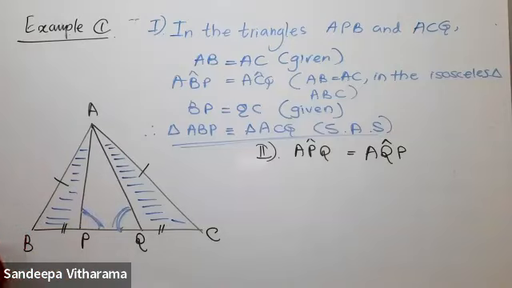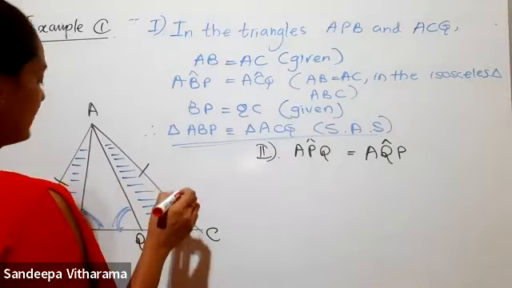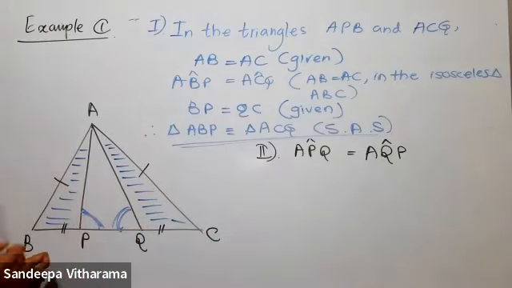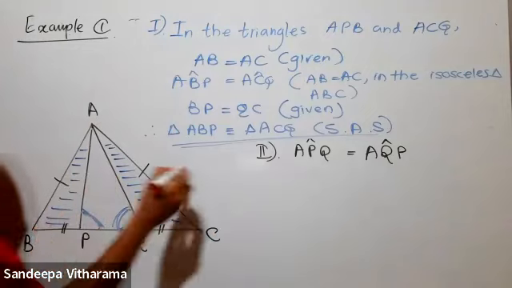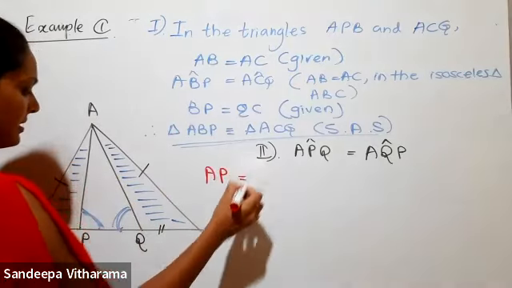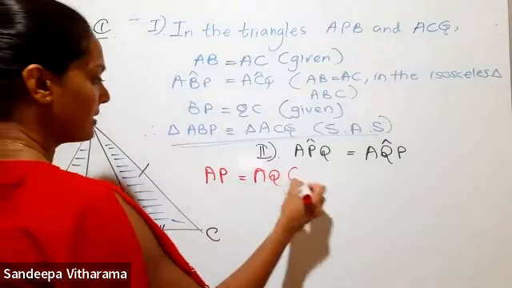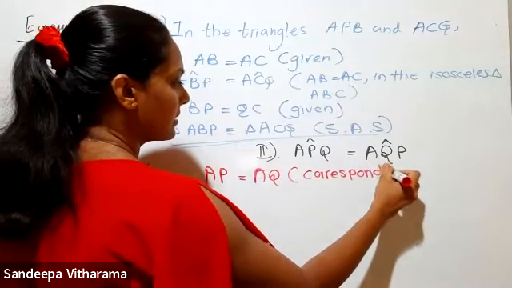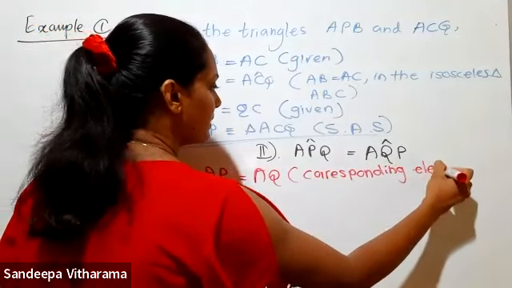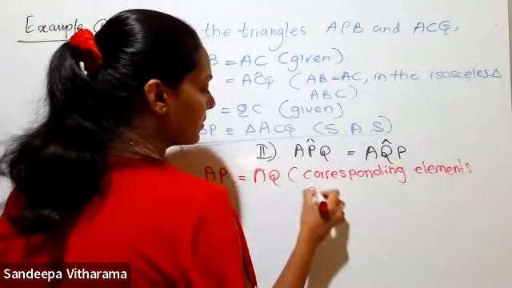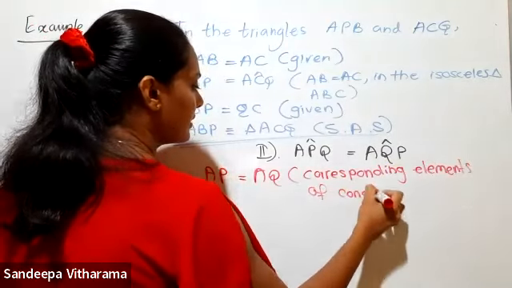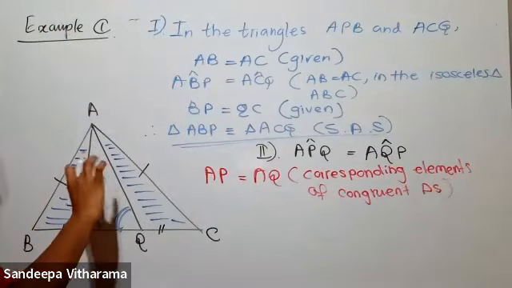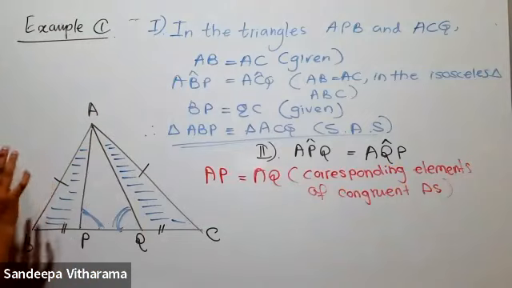This is very important. Before that, we can show that AP equals AQ. Reason is corresponding elements of congruent triangles. Therefore, these two sides are equal.